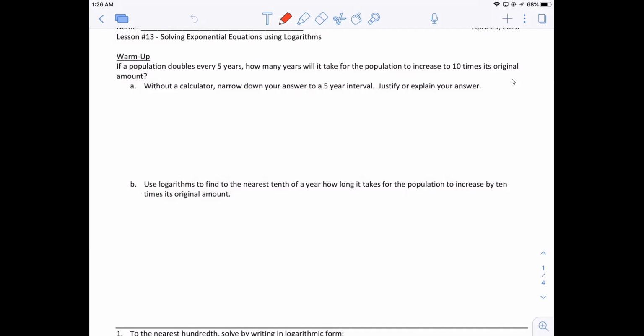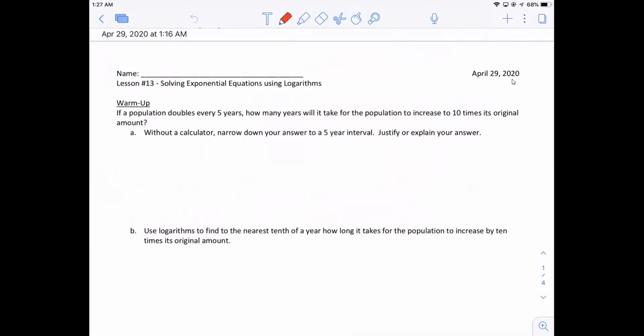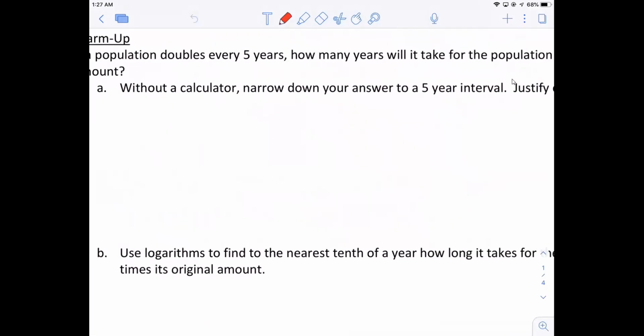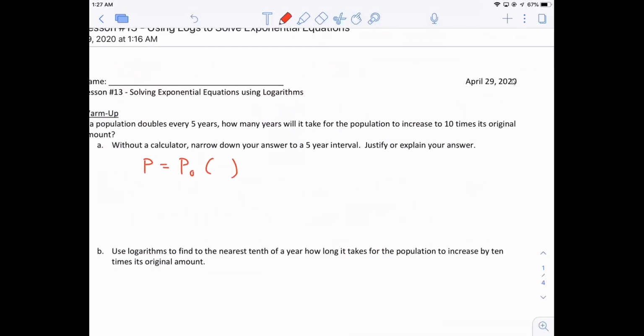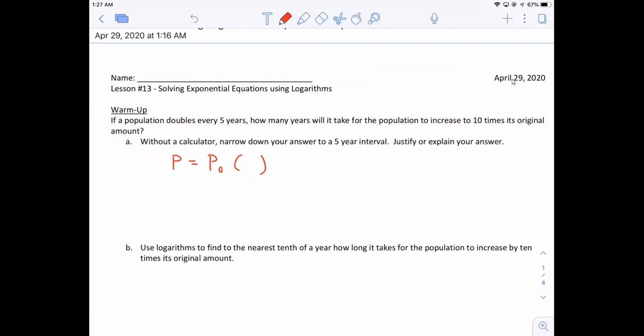All right, so if a population doubles every 5 years, how many years will it take for the population to increase to 10 times its original amount? All right, so we haven't done this in a while. But we can write the final population is going to equal the initial population times our growth factor, right? In this case, it's 100% growth because we're doubling.